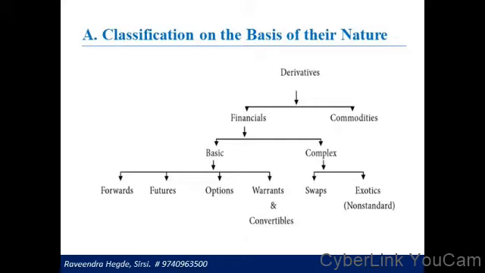Friends, it is to be noted that financial derivative is fairly standard and there are no quality issues, whereas in commodity derivative, the quality of the underlying matters. However, the distinction between these two from structure and functioning point of view, both are almost similar in nature.